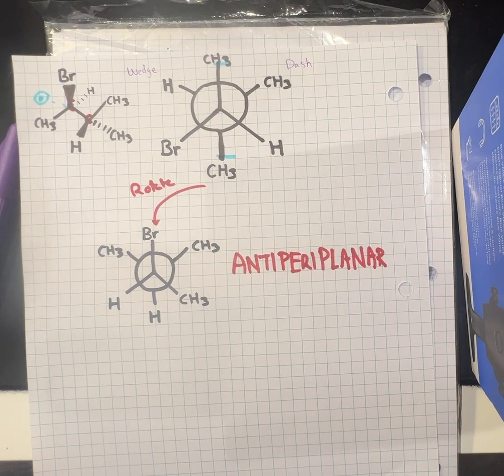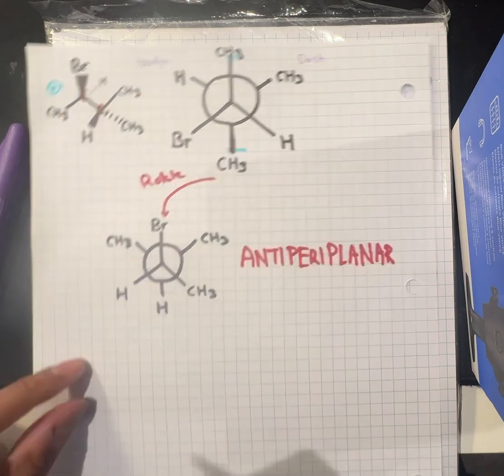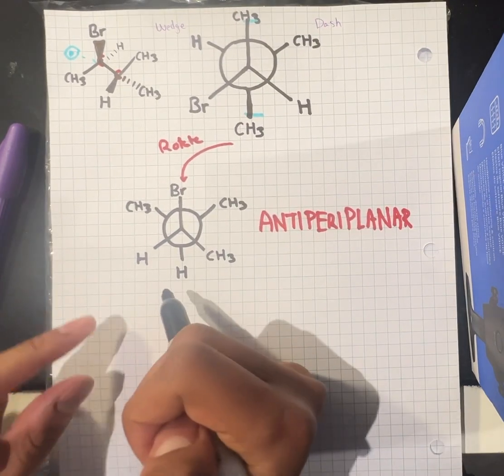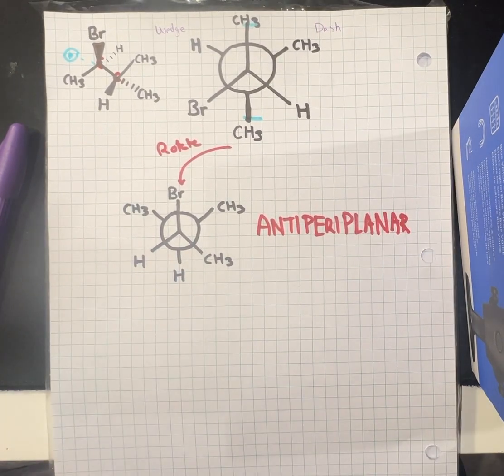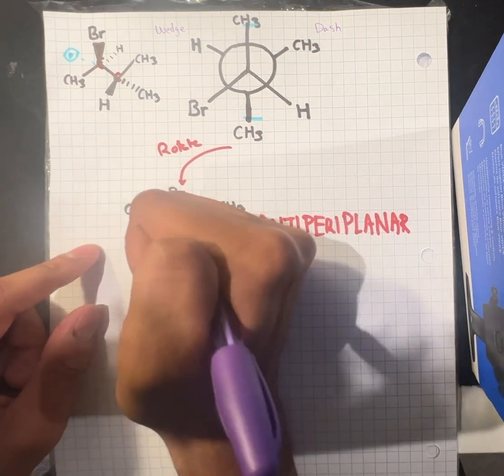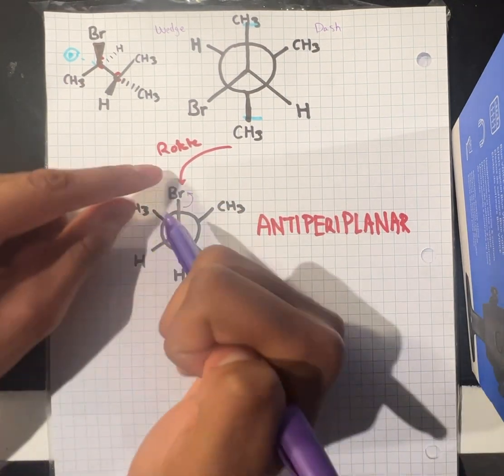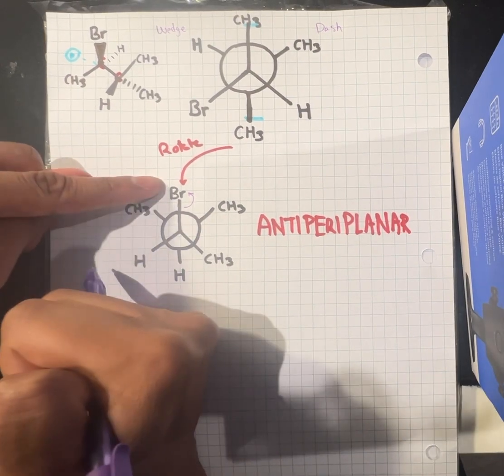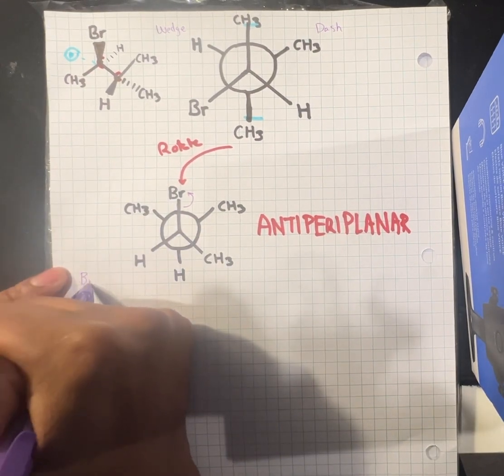And it is ready to undergo an E2 reaction. What that means is, because it's in the antiperiplanar conformation, when the leaving group leaves, we'll have the bromine come out.